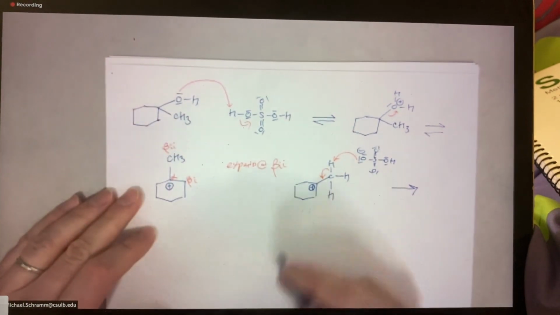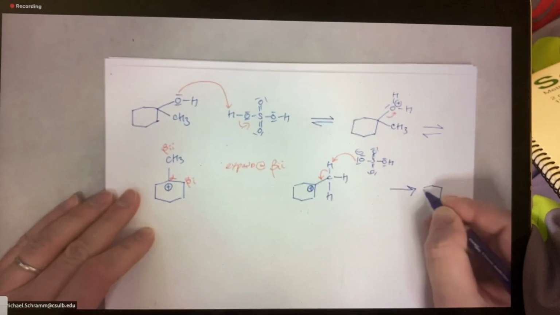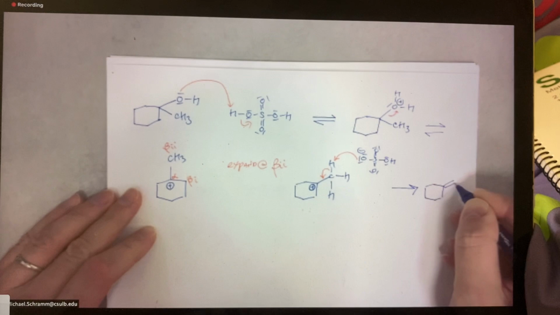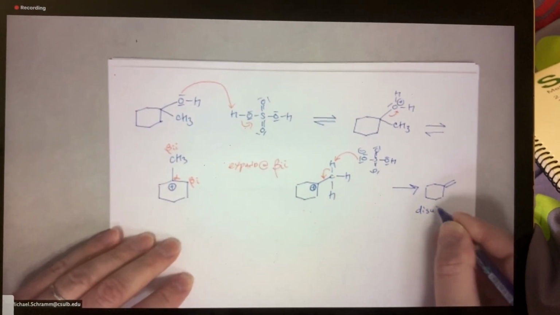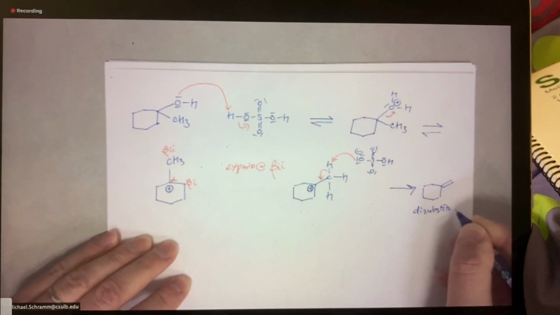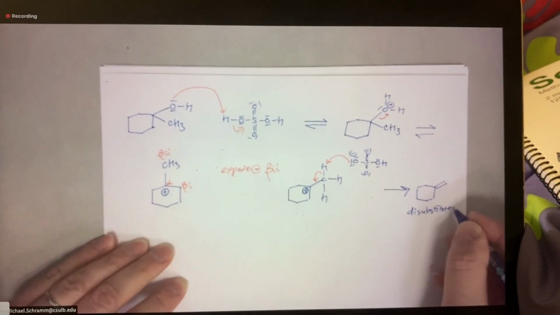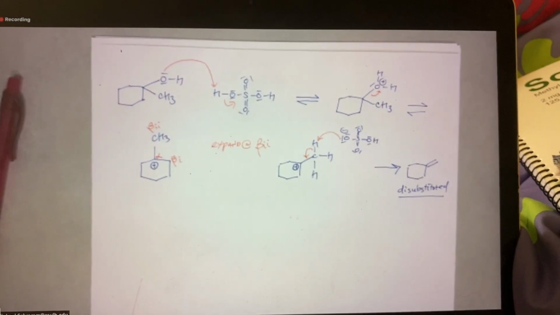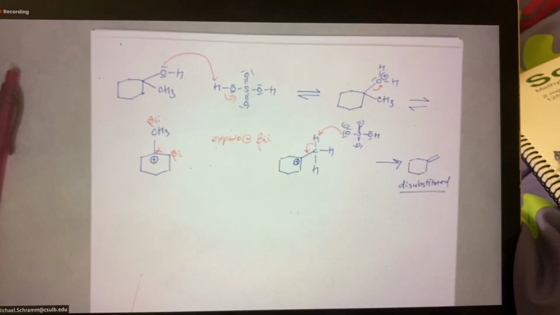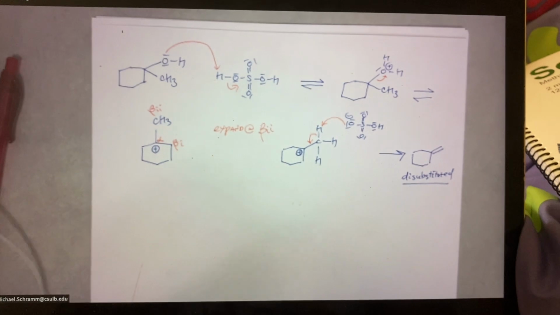And we want to stabilize this. One way to stabilize it is by giving it electrons. And here we've made a di-substituted double bond.